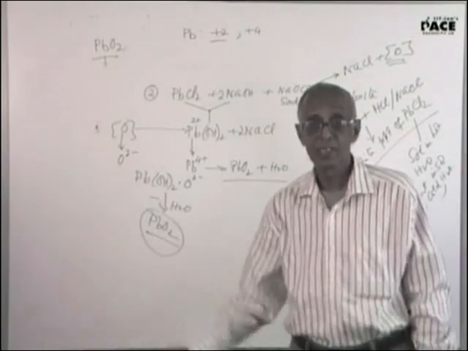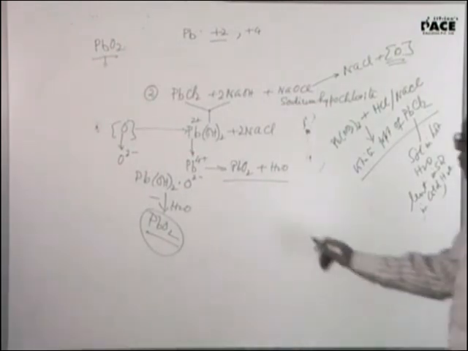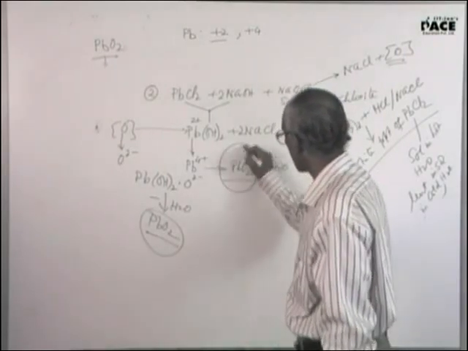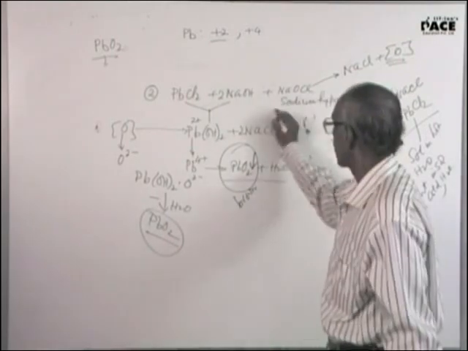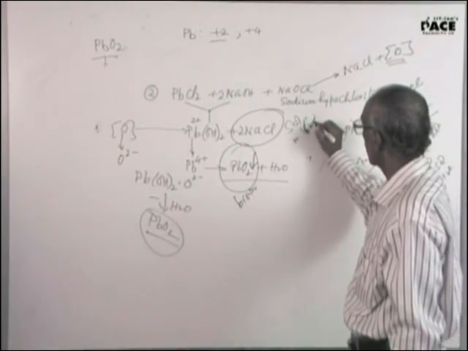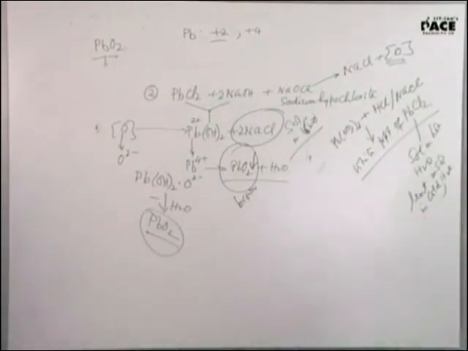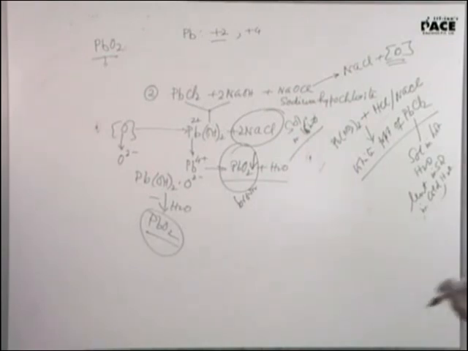So lead 2+ is oxidized by nascent oxygen to lead 4+, and oxygen gets reduced to oxide ion. And in this way, you get lead dioxide as a brown precipitate, and sodium chloride is soluble in water. So it remains in the aqueous solution, and the precipitate of lead dioxide is formed. You filter off and wash with water, you get lead dioxide.